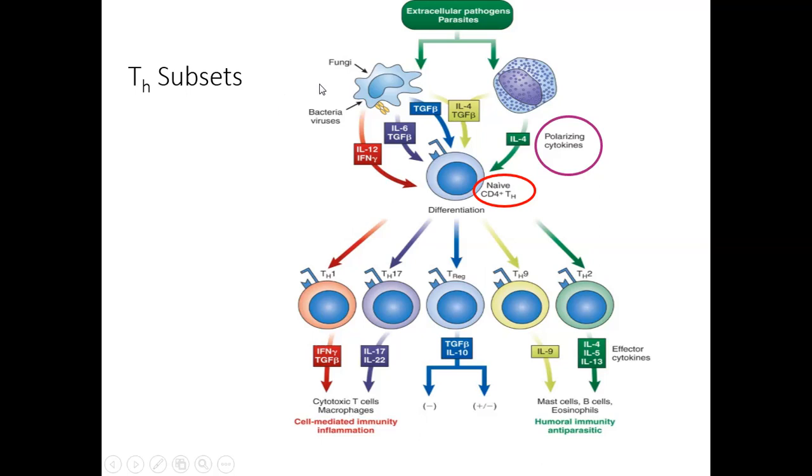And finally, if antigen-presenting cells release tumor necrosis factor B, it can cause the differentiation of naive T cells into T regulatory cells.